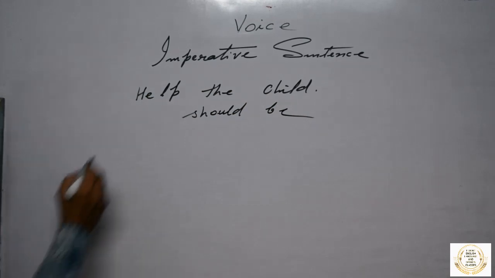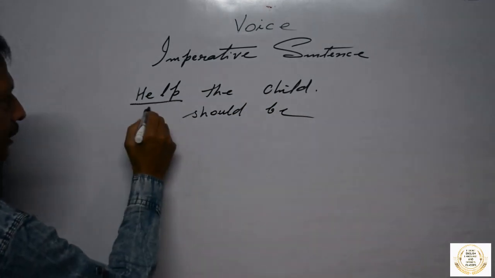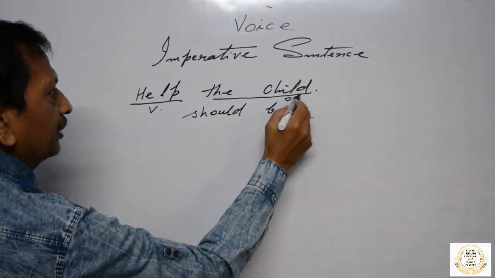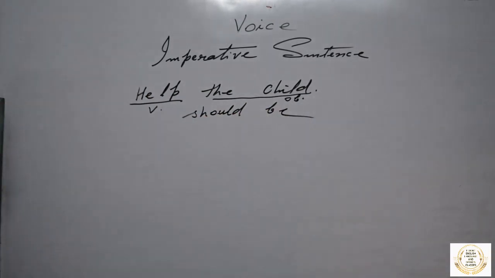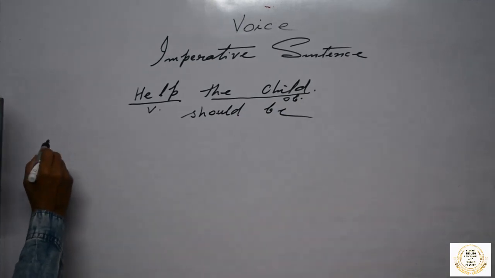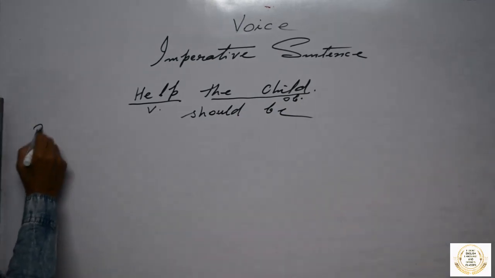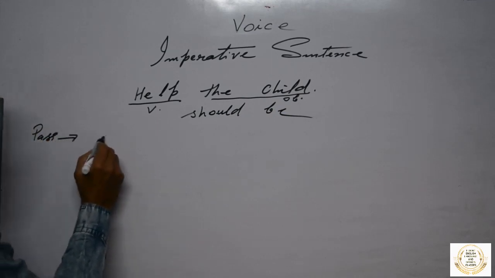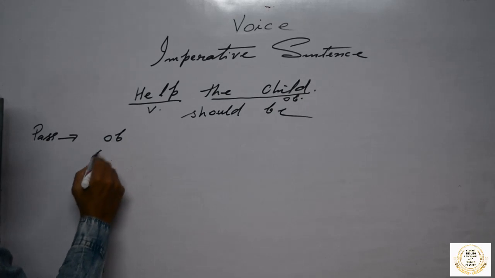Okay? Help the child, this is the verb, and this is your object. The construction for such active voice is like this. Object, that is the passive subject. Okay?